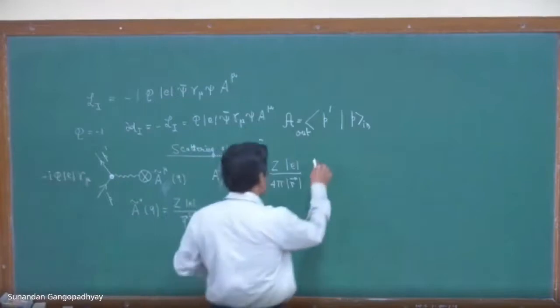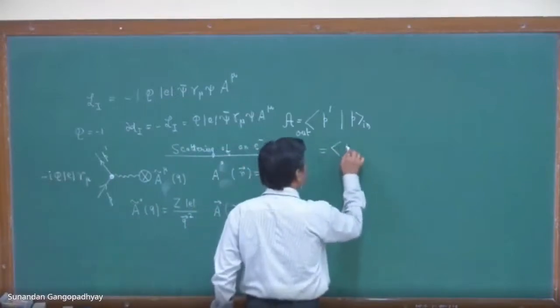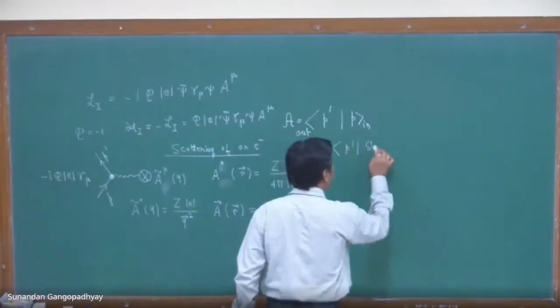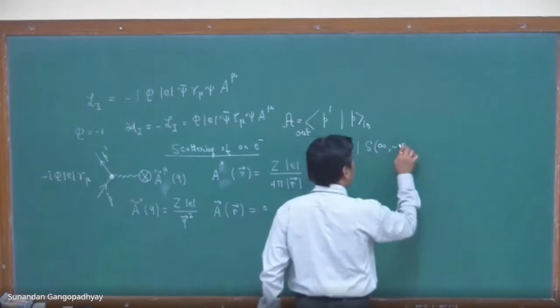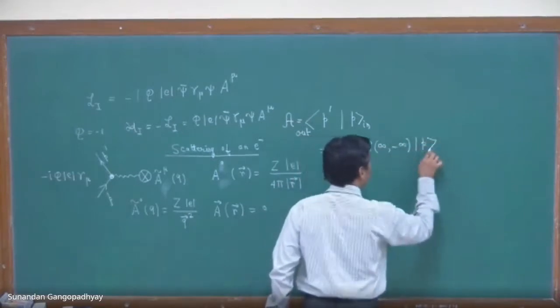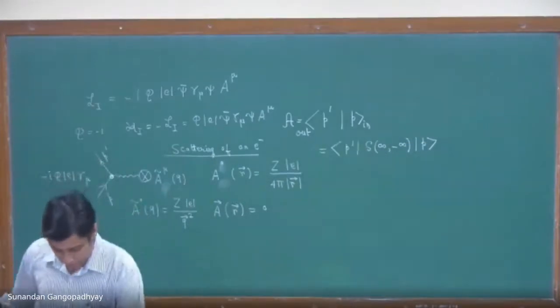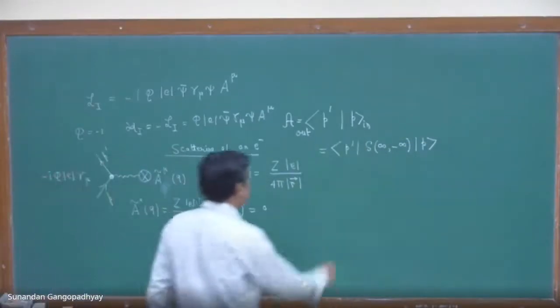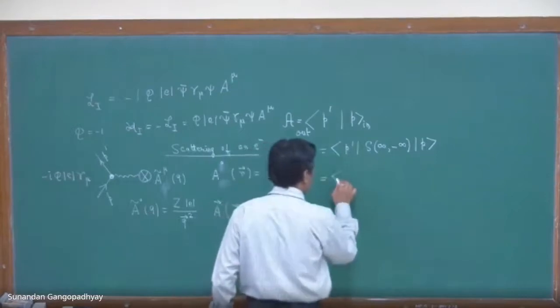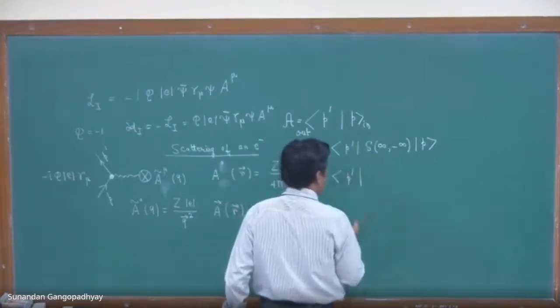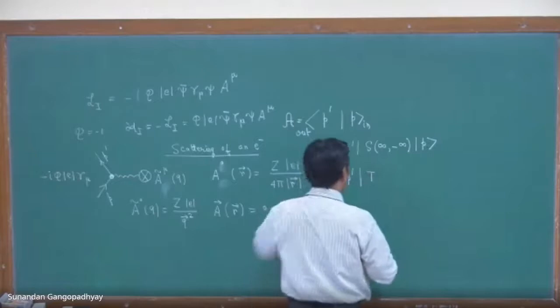Therefore, note that this can be written as sine S. And now this part is the time ordered product.